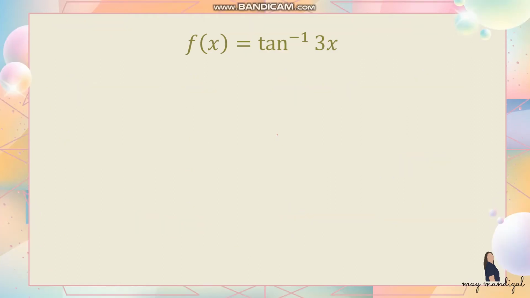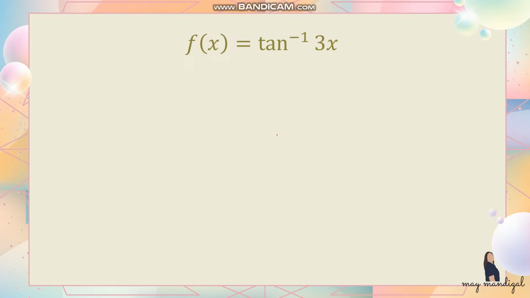Let's try it with this example. Let's say we want to get the derivative of f of x equals inverse tangent, or arc tangent, of 3x. Sometimes the inverse trigonometric functions are written in words, as you saw in the formulas, wherein we use the word arc, arc sine, arc tangent, or it can be written like this, wherein we have the negative 1 as the exponent of the function.